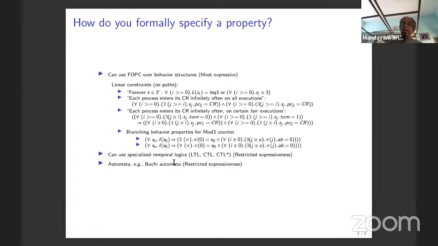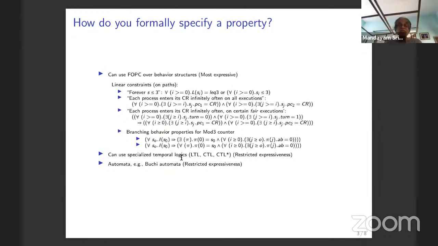It's interesting to look for specialized logics because their expressive power is deliberately restricted, and by restricting the expressiveness, the problem of checking properties in that restricted language can be not only decidable but also less complex and more efficient.